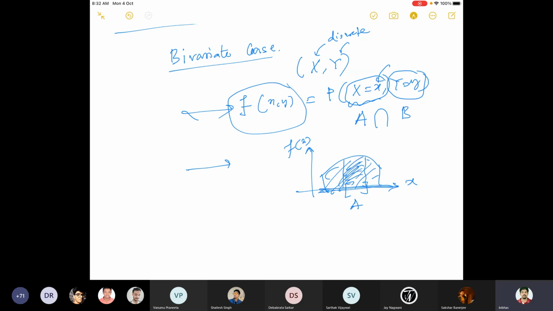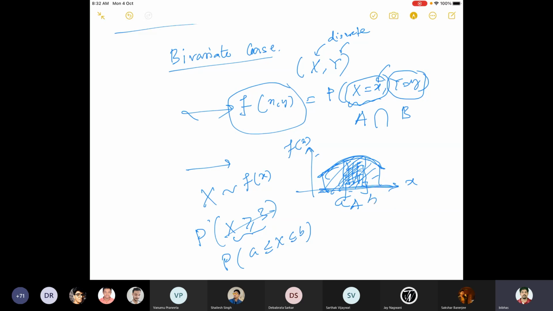If I know this function, the PDF f of x of some random variable x, and I ask for the probability of a less than or equal to x less than or equal to b, this is the area. Basically it is the integration from a to b of f of x dx.